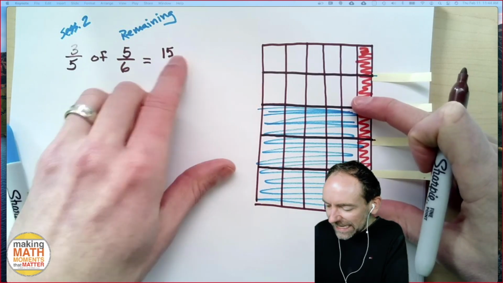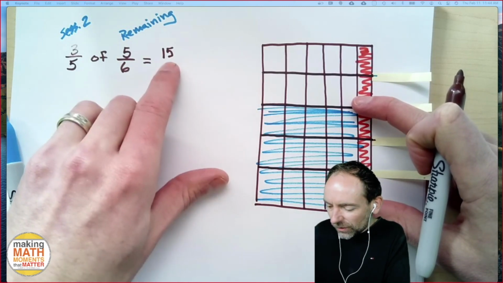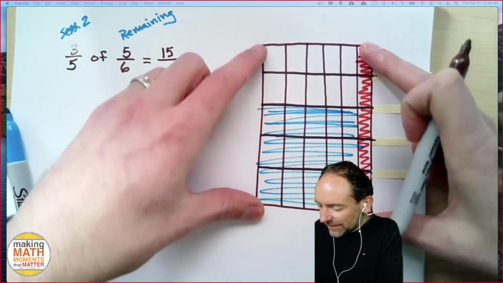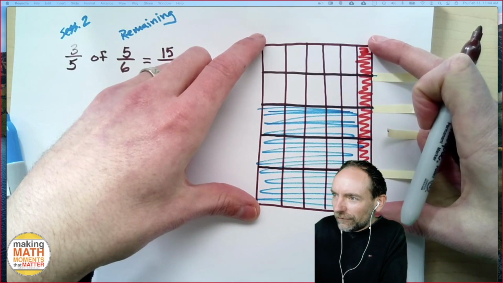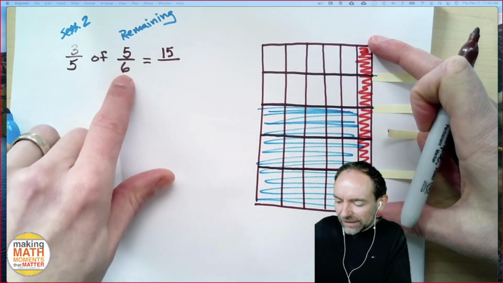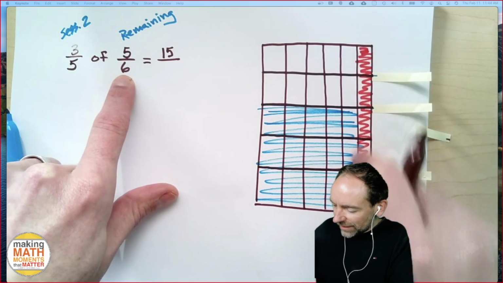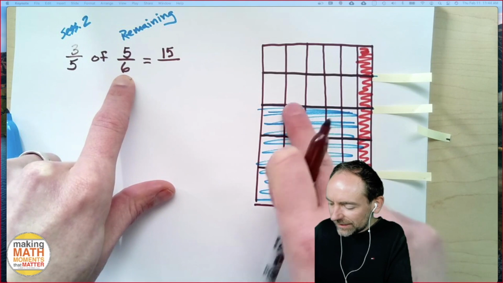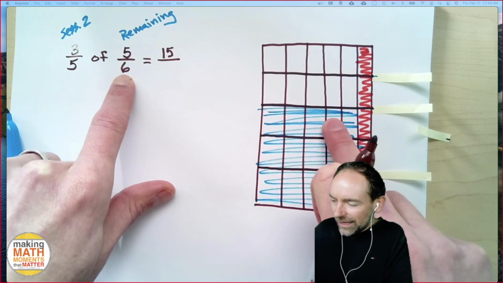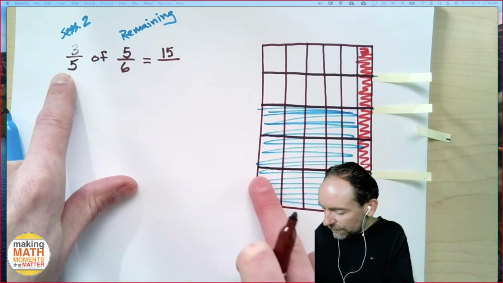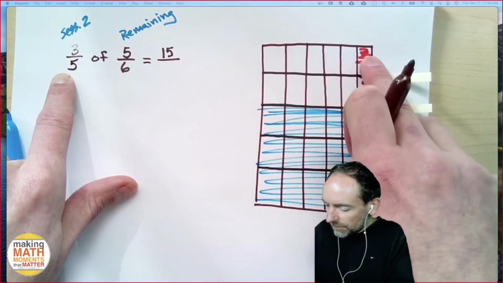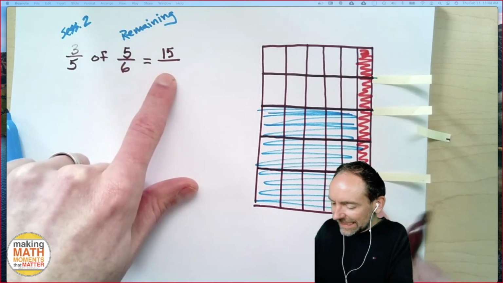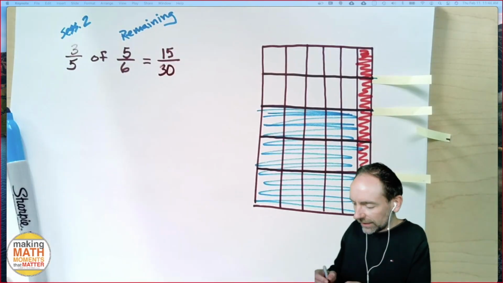So I have 15 chunks here, but now the total number of chunks relative to the entire ice rink has changed. Before, we had the total ice rink chunked into 6ths, which you can see here. And now we've said, no, now we want the chunks to be these little ones here. And when I look at it, now I have an array of 5 by 6, and that partitions the entire whole into 30 chunks.